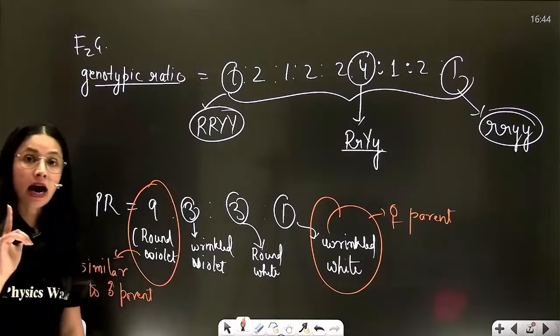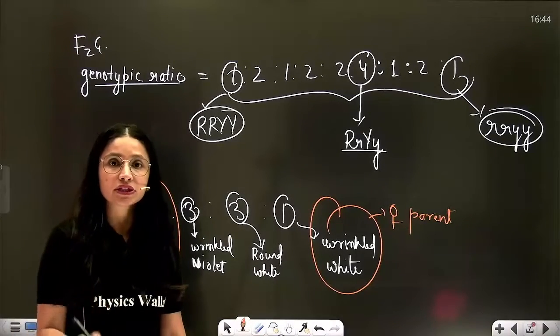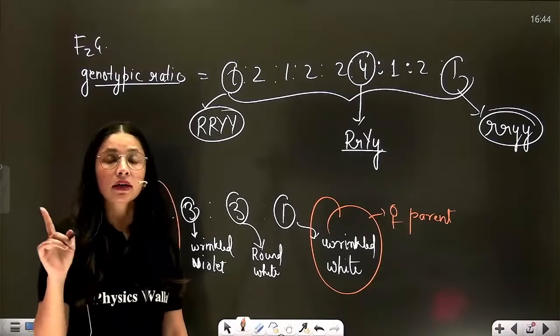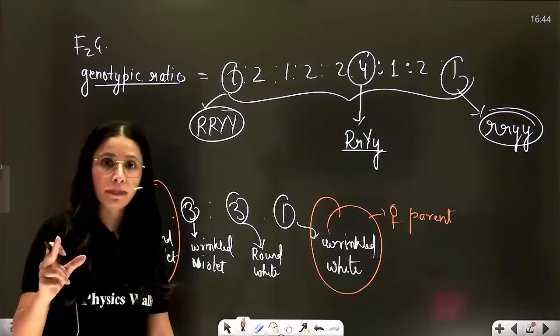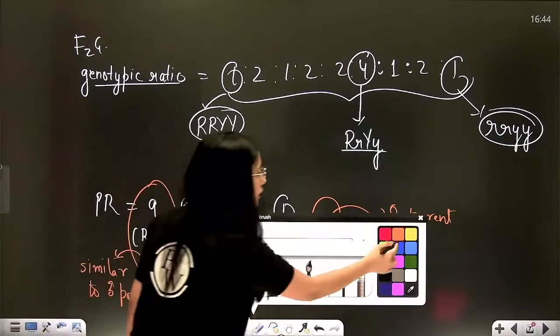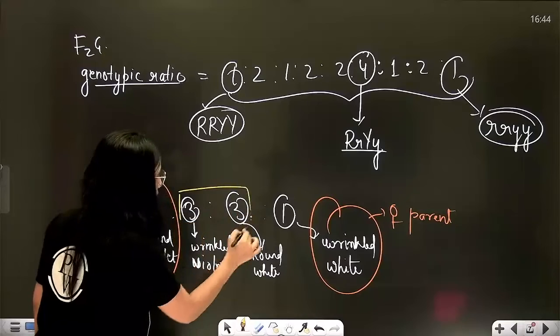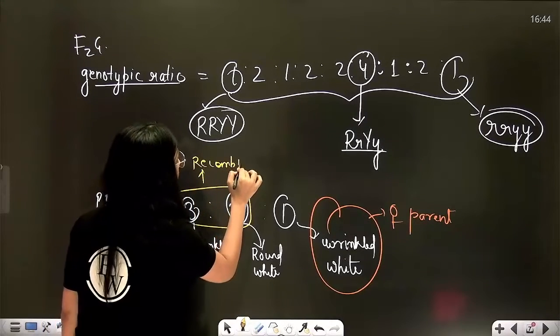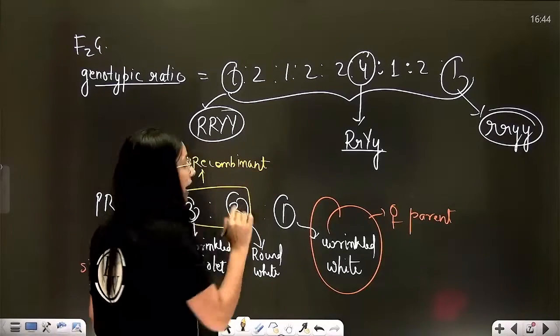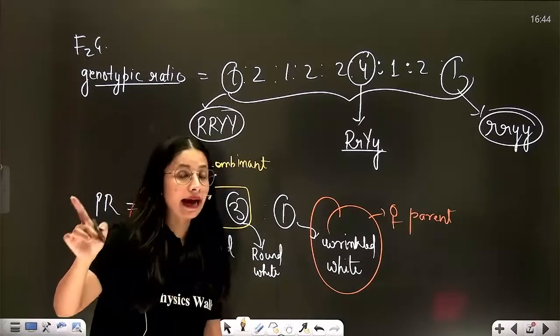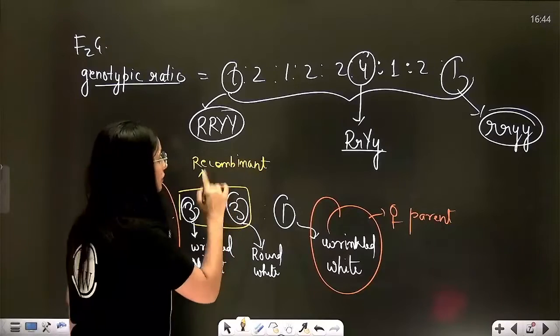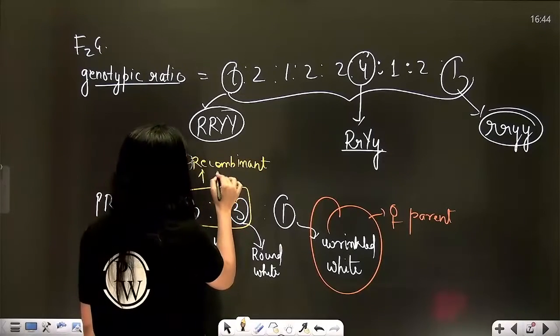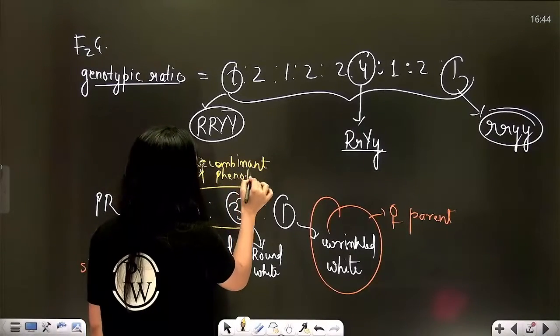That means out of 16 zygotic combinations, 10 phenotypic arrangements will be similar to the parent, and the remaining 3:3, which you see in the center, are actually the recombinant phenotype, which arise due to recombinant gametes, which I told you in the beginning. So these are the recombinant phenotypes.